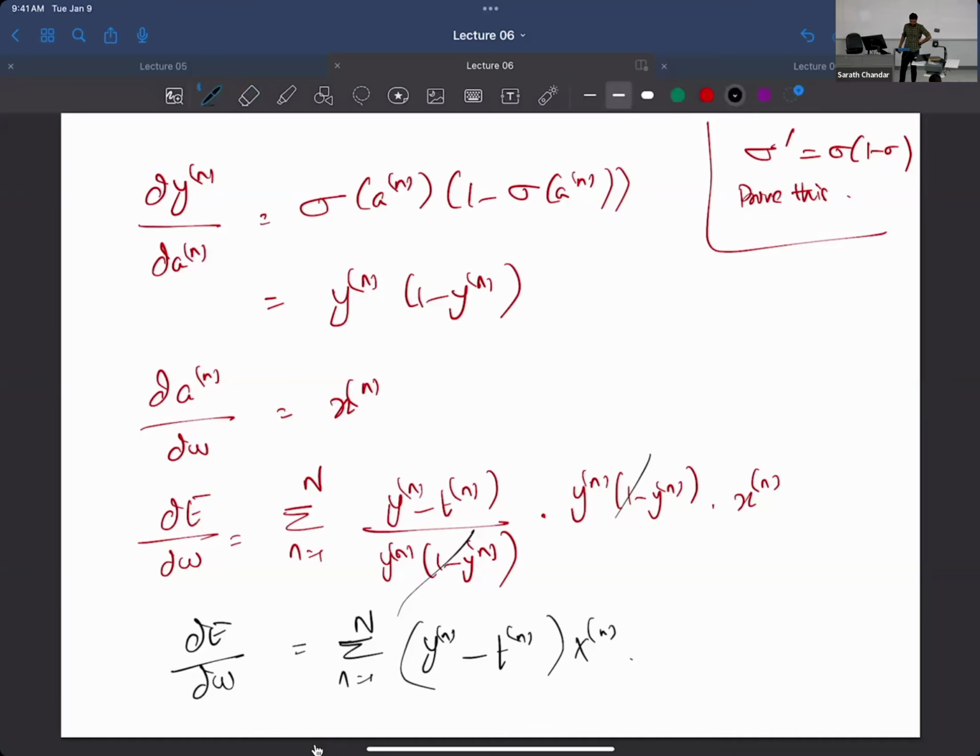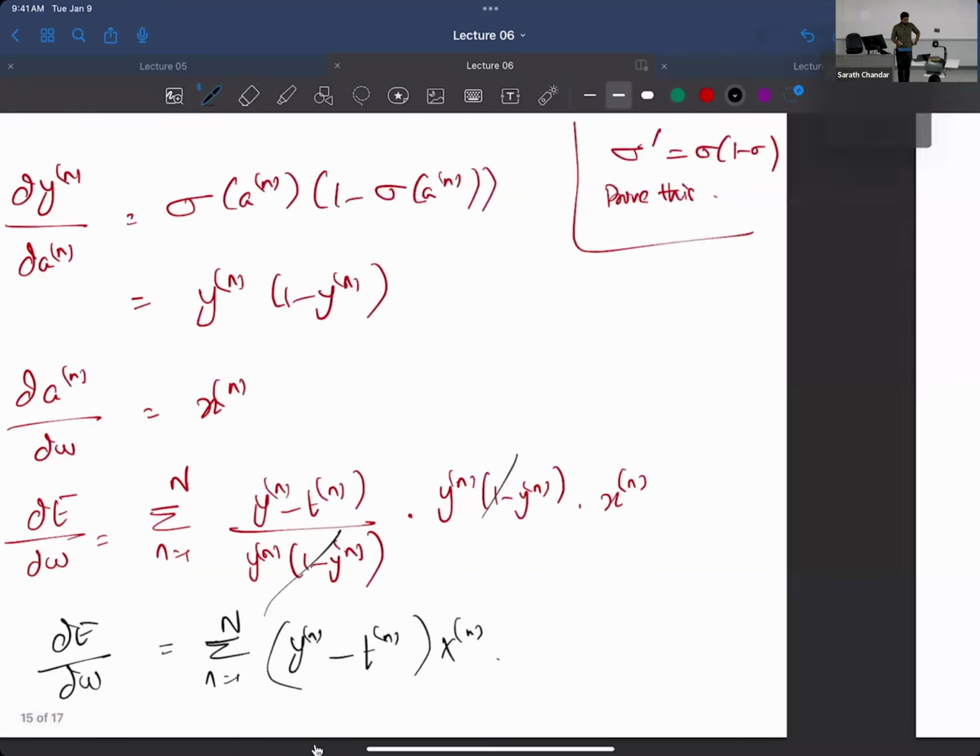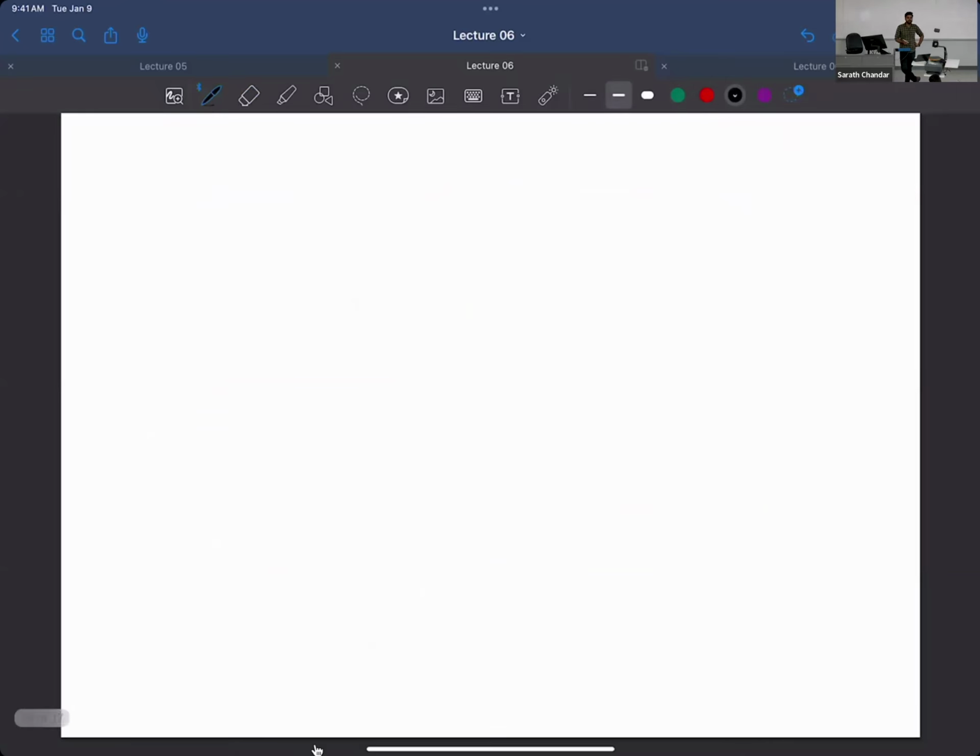Is it just a coincidence? It so happens that there is a connection between maximum likelihood and least squares. That is why you see this similarity. So we're going to look at the relationship between maximum likelihood and the idea of least squares.